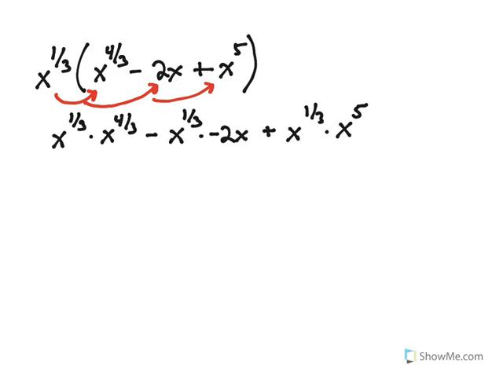Okay, so let's simplify this. The first one, the denominators are the same, so we can just go ahead and do this. It's going to be x, 1 plus 4 is 5, to the 3rd power. Then it's minus, and then we have x to the 1/3 times negative 2x.